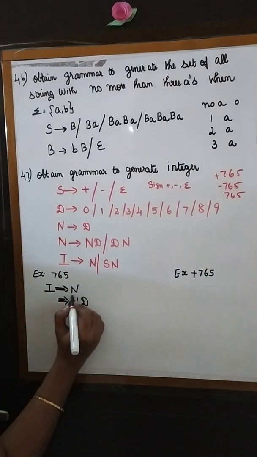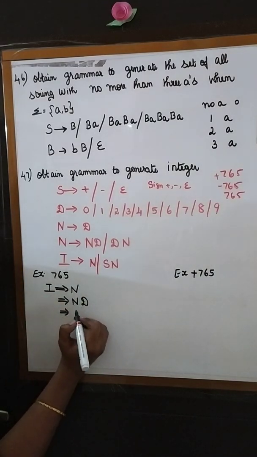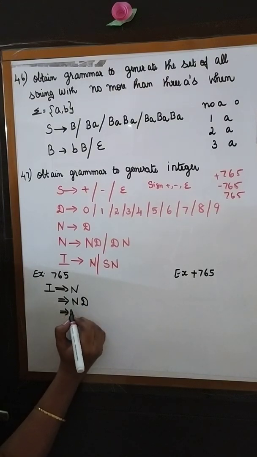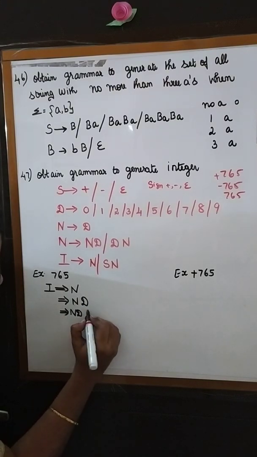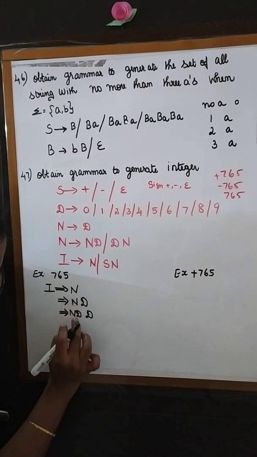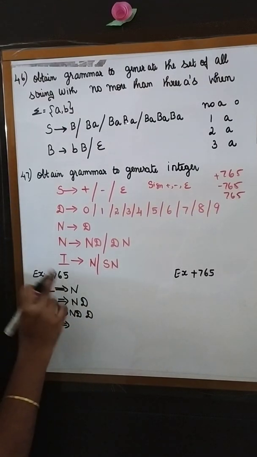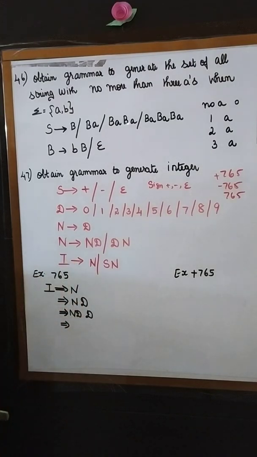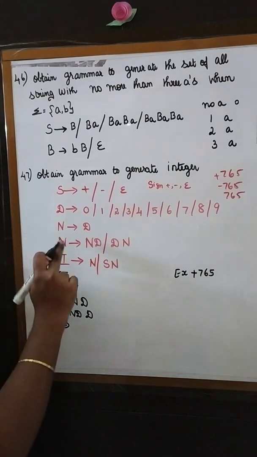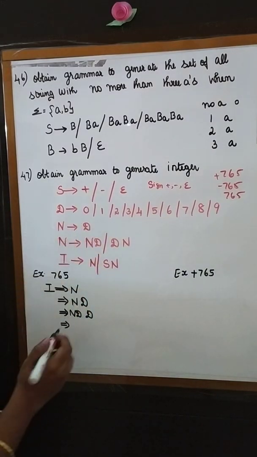So I have to replace my N with ND. This D is already there, and this N I am replacing with ND. Once again, how many digits do I need? 3 digits, and I have got 2 digits. So instead of this N, I am going to substitute this D.